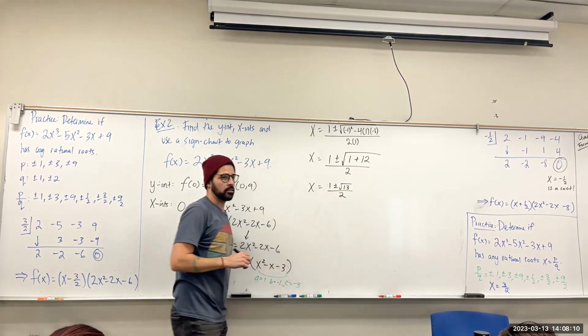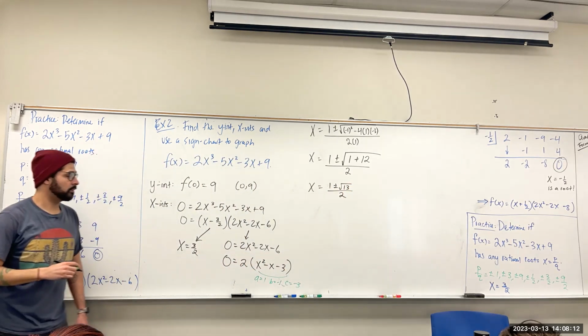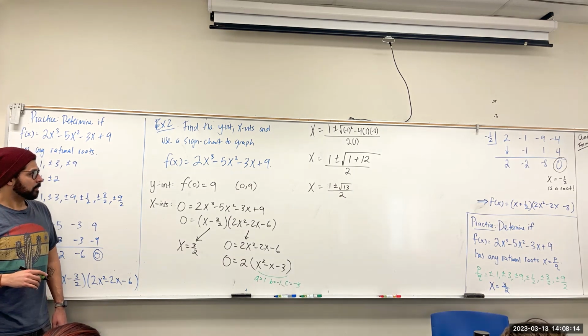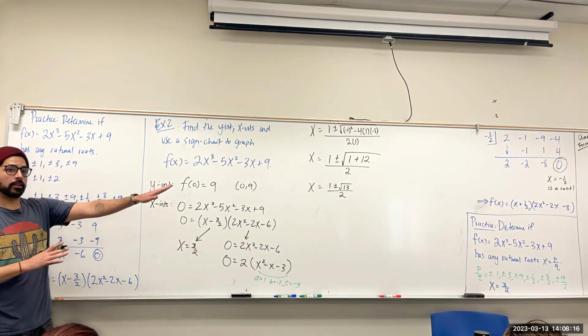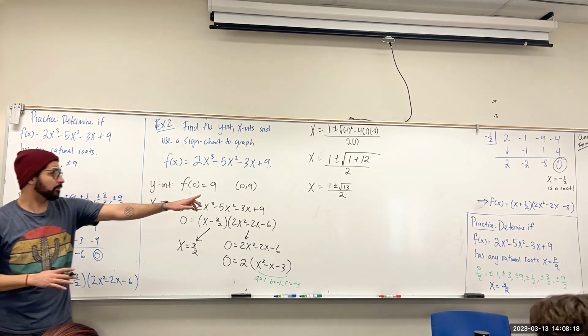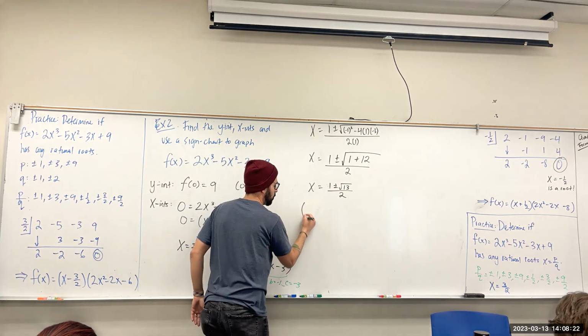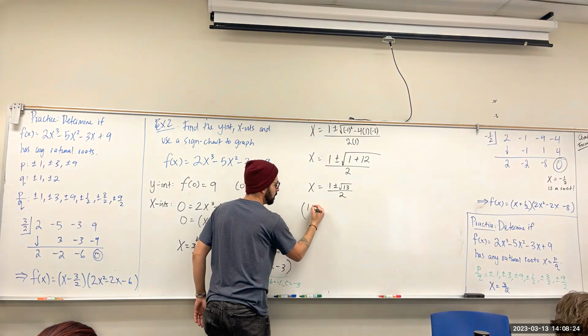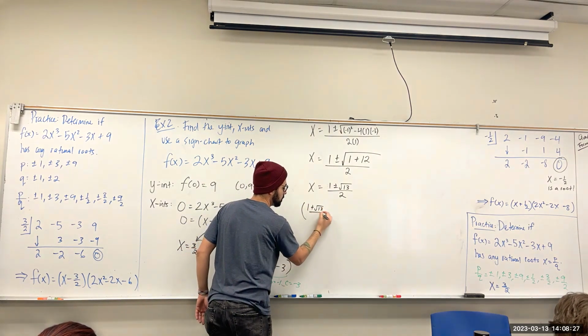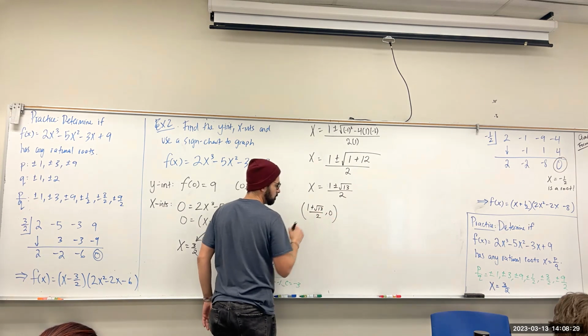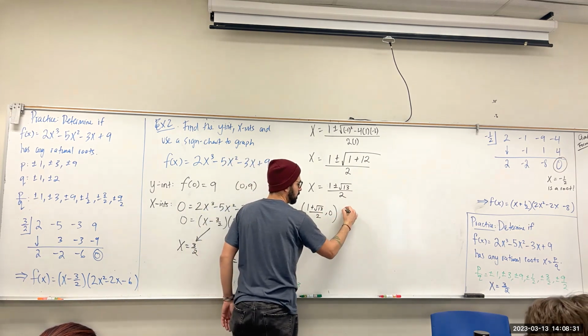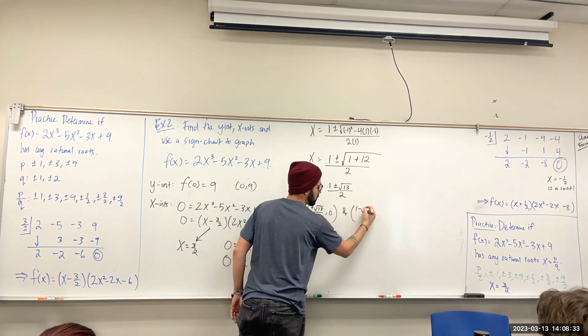Ooh, no wonder it didn't factor. Some ugly decimals. But that's the zeros. We actually have to find the x-intercepts. So one of the x-intercepts is (1 plus root 13 over 2, 0), and then the other one is the minus version.